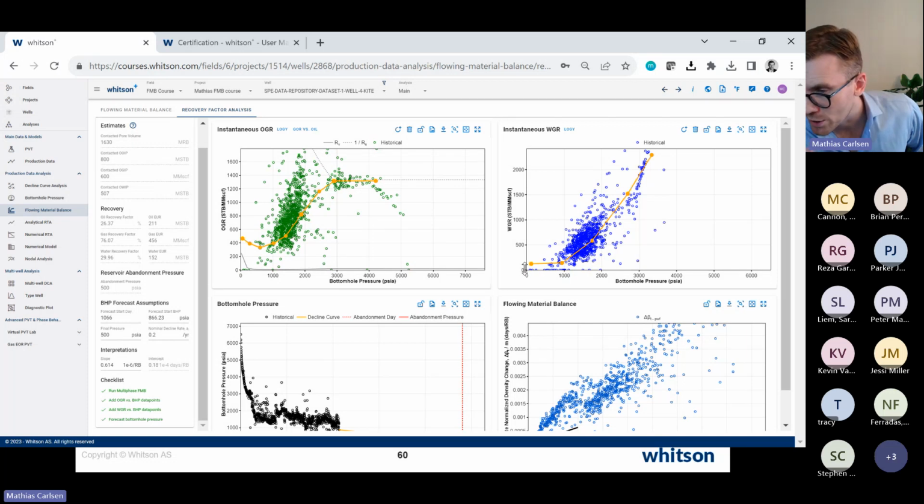The last thing that I didn't mention, that I get a lot of questions about and think is good to emphasize: if you look at the Anadarko Basin, for instance, some basins have very, very low permeability, and there can be infinite acting and transitional flow for an extremely long time.